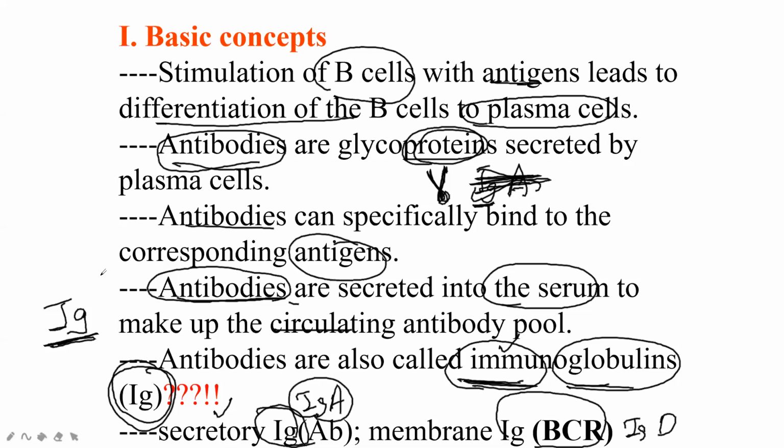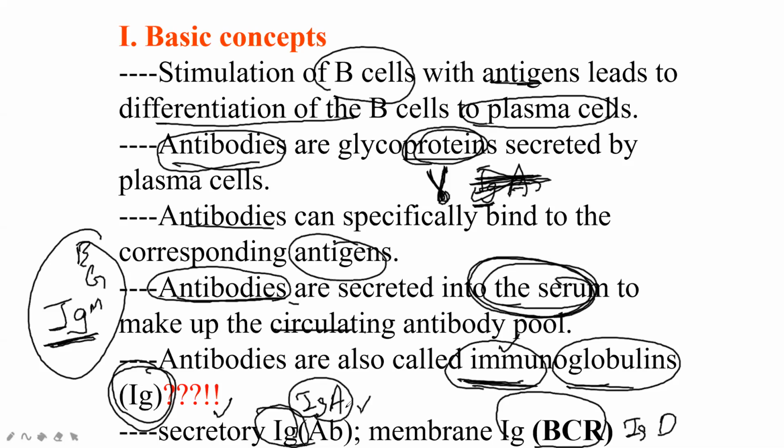Remaining we have three more: IgM, IgG, IgE. These three antibodies always circulate in serum. Now you understand? We need these three for defense and for allergy. IgA is the secretory antibody on mucosal surfaces, and IgD just acts like a B cell receptor. Understand? Is their location clear?